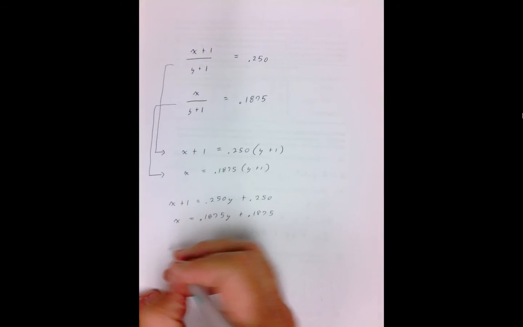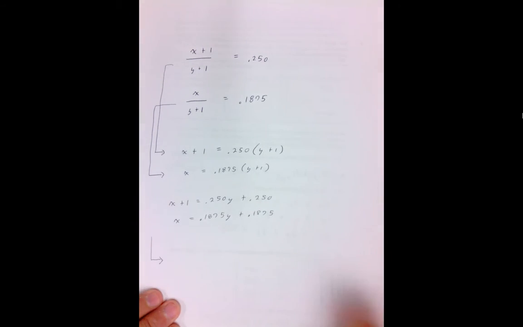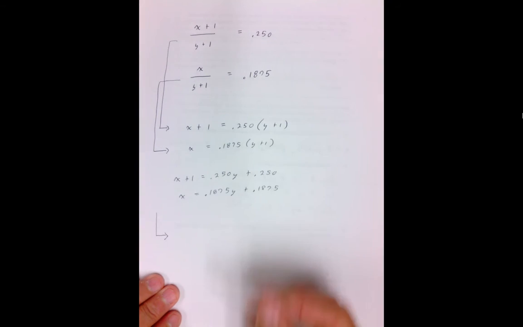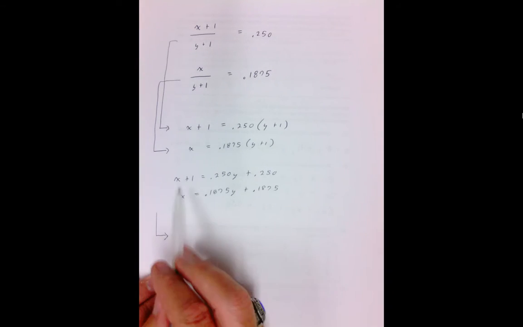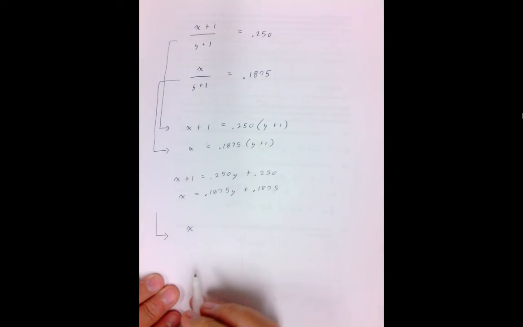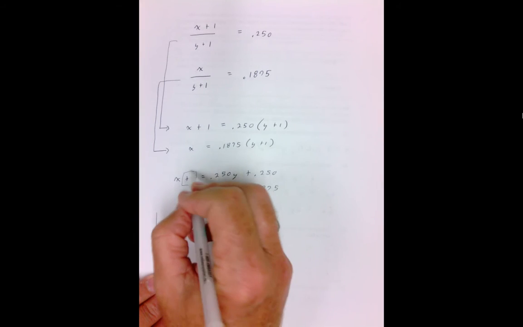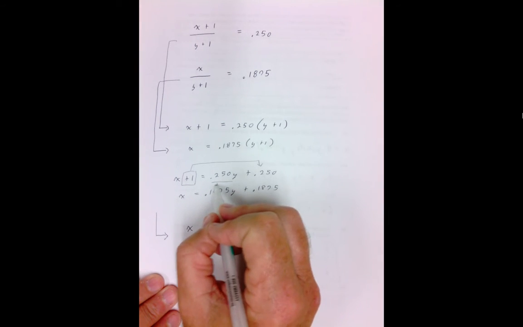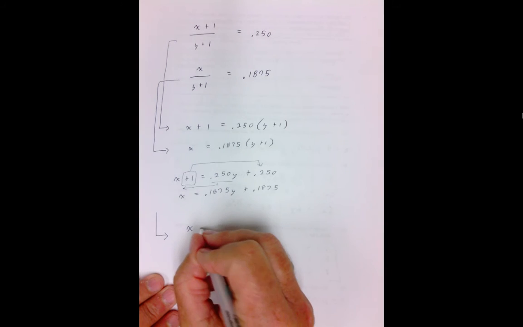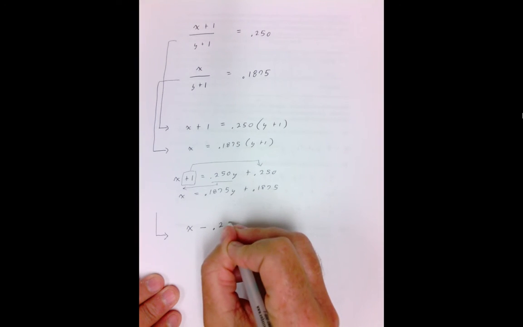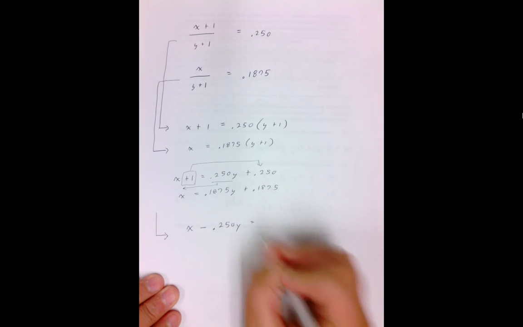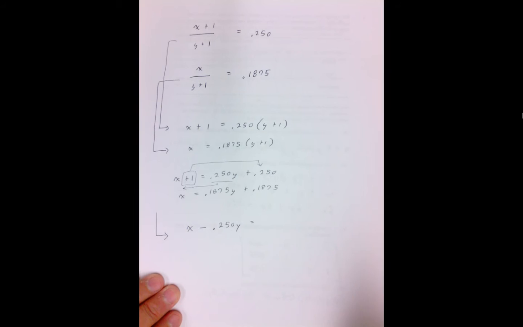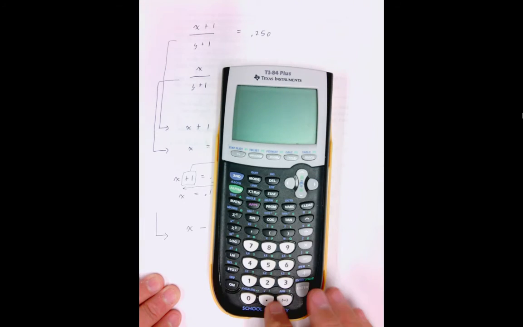All right, gang, what I need to do now is get this in a form that's going to work in my augmented matrix. So I need all my X's, all my Y's, equal to all my numbers. I've got this first one, X, but I want to move this 1 across, and I want to move this 0.25Y over here. Well, that's going to become negative 0.250Y. And when I subtract 1 from both sides, I'm going to get 0.250 minus 1.